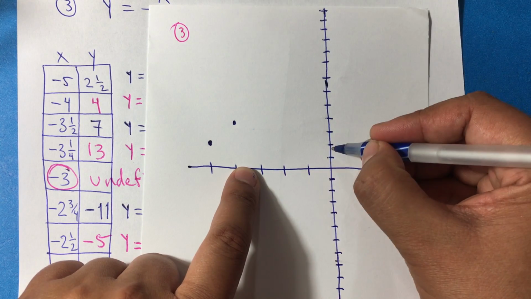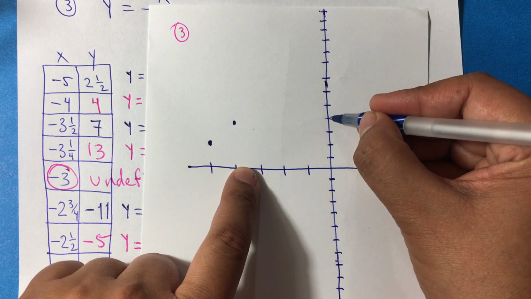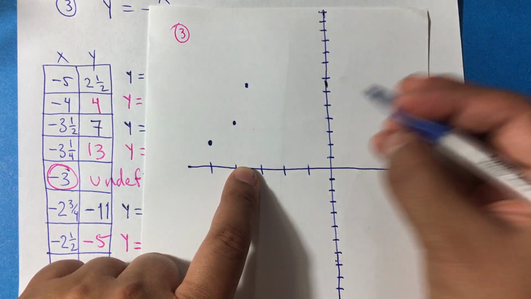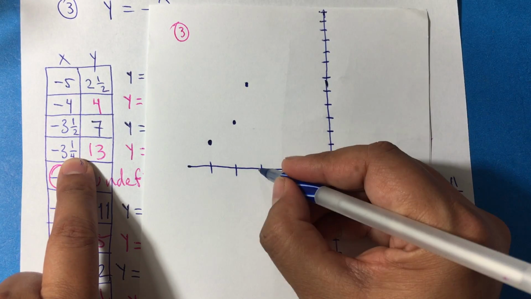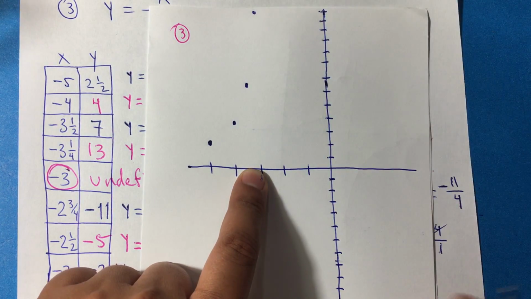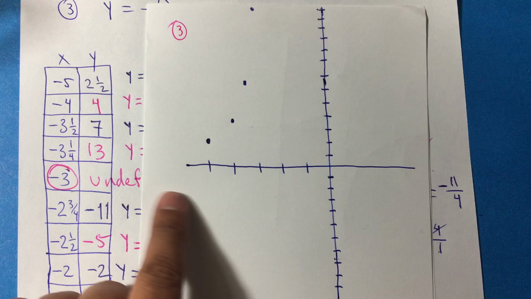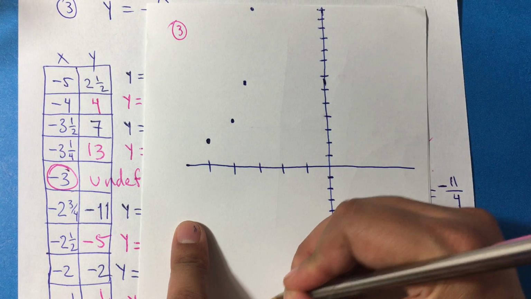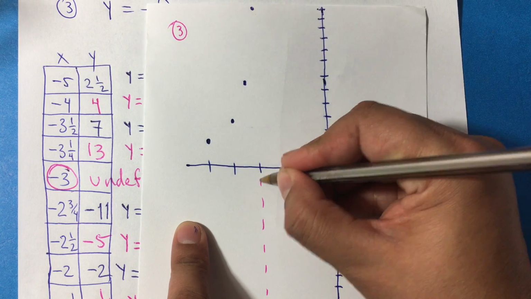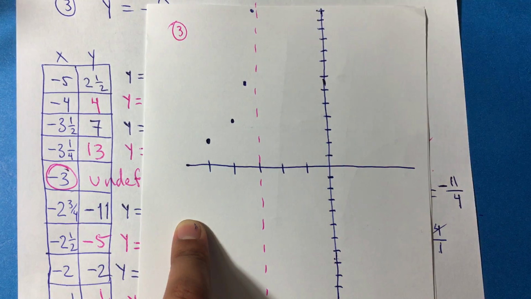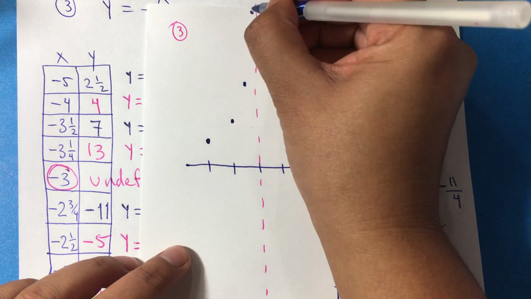So in here it's 2, 4, 6, 7, around there. Negative 3 and 1/4, positive 13, somewhere around there. And then remember, undefined just means that it's going to be my vertical asymptote. It's going to go through there. Means don't touch me. I'm just kidding.